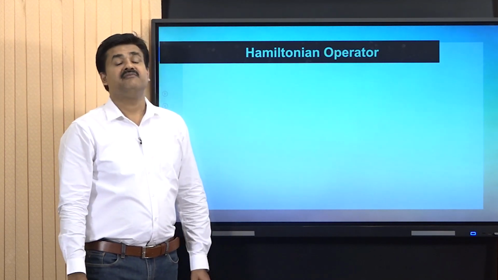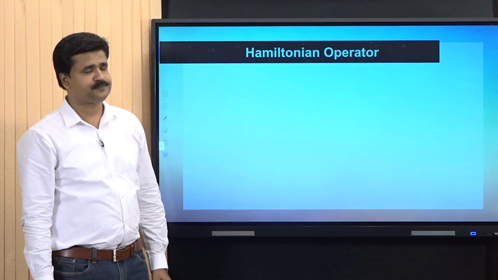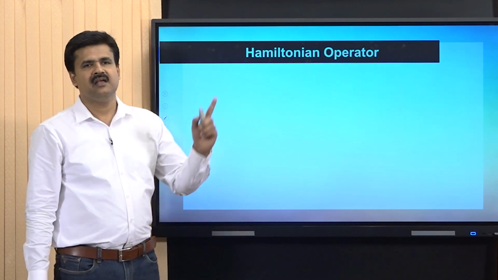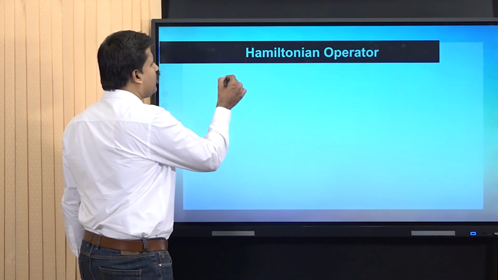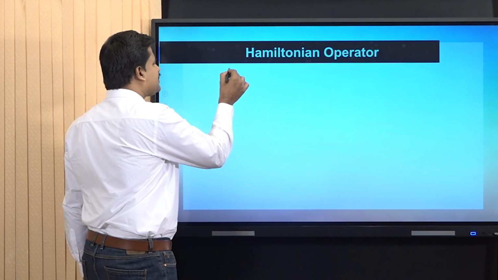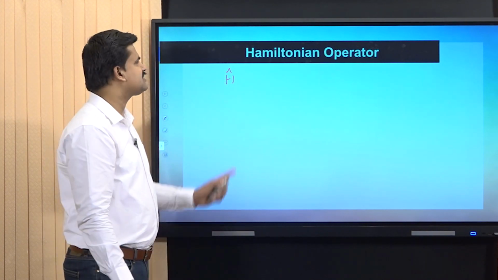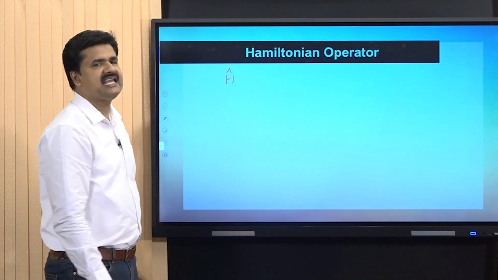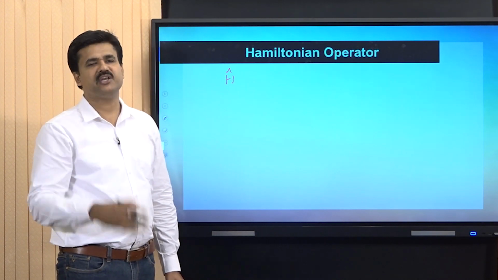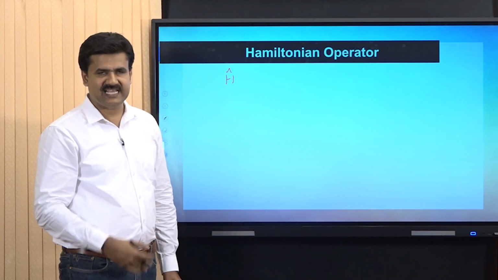Now, we are moving on to Hamiltonian operator. I already mentioned the Hamiltonian operator. Hamiltonian operator is represented as H hat. H hat is the total energy operator. Total energy is the sum of two kinds of energy, that is the kinetic energy and the potential energy.